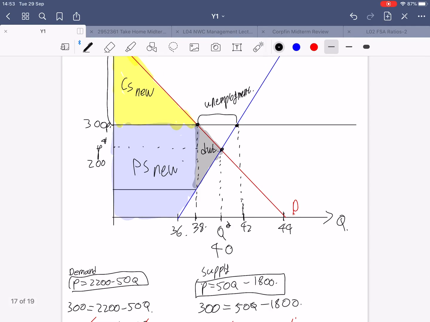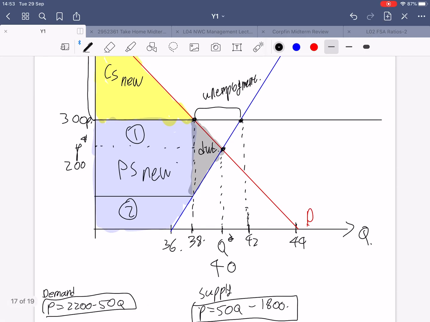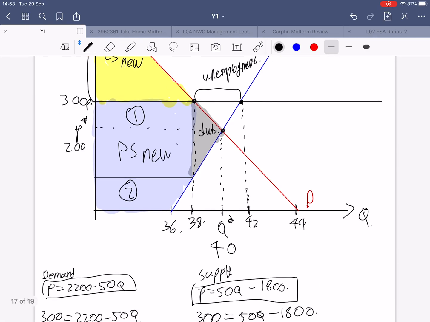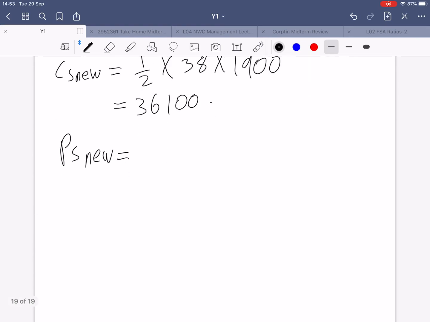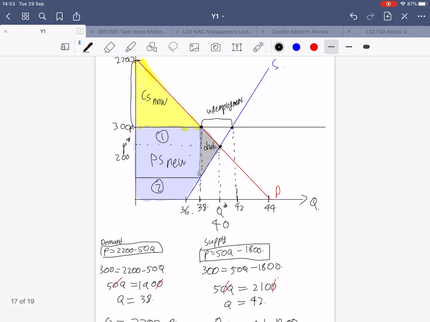So we have two figures. The first figure is easy, because it's a rectangle, so it is going to be 38 times the height. So we want to know the price here.